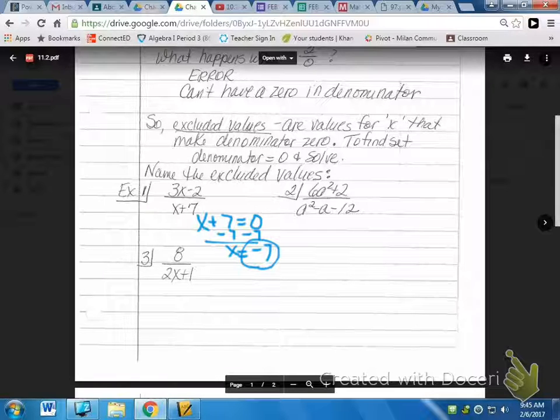Or it's going to ask you to state what the excluded value is, and you just say x equals negative 7. The thing is, you have to understand that's what you really don't want x to be. That's why it's called the excluded value. If it's that, it messes everything up. But when they say state the excluded value, you say x equals negative 7.